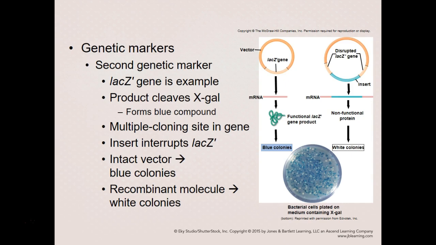And once we have this nice vector, we then can infect cells with the vector, and we can then plate the bacteria on a medium containing ampicillin and whatever gene that may have been disrupted.